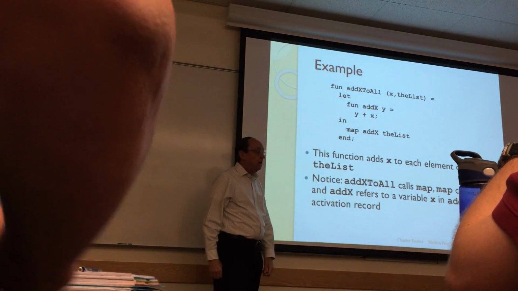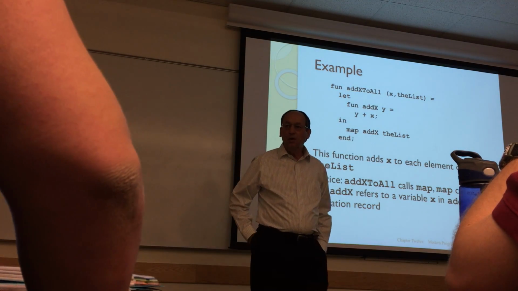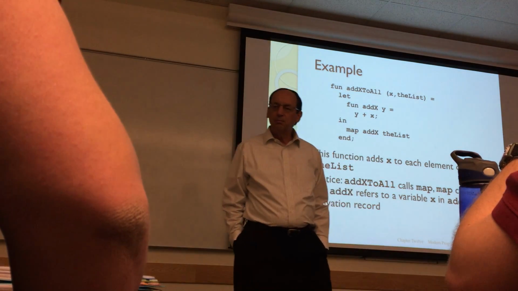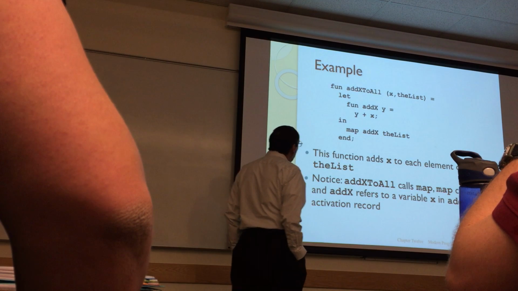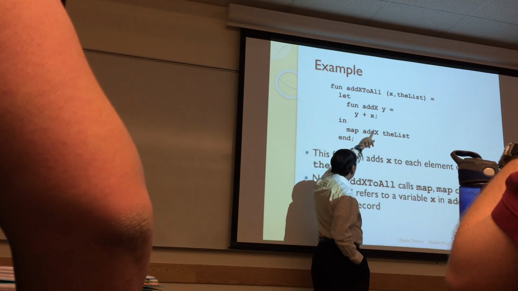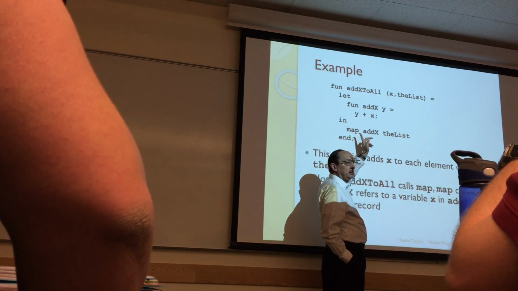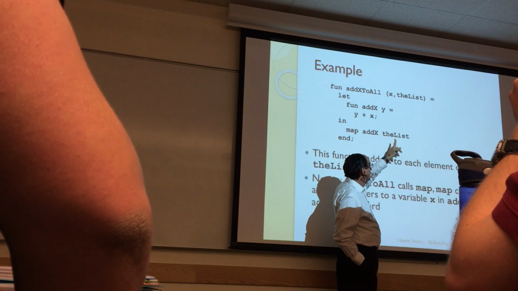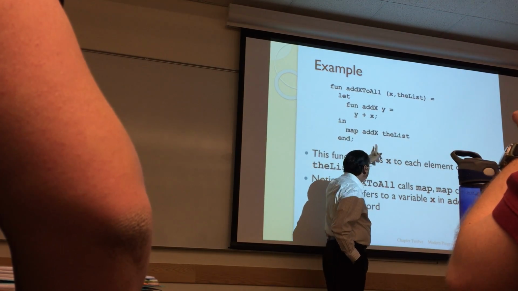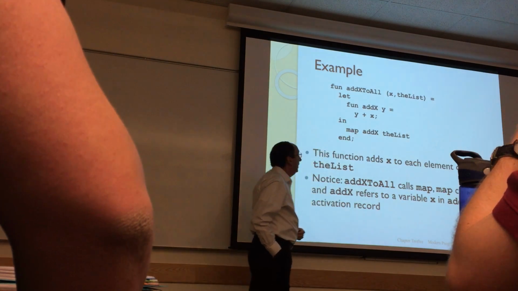This is like your homework, Inc. all for chapter 11. We want to add X to whatever's in the list. So Y represents whatever's in the list when map executes this function on the list, and what's going to be added is whatever X was when we called add X to all.